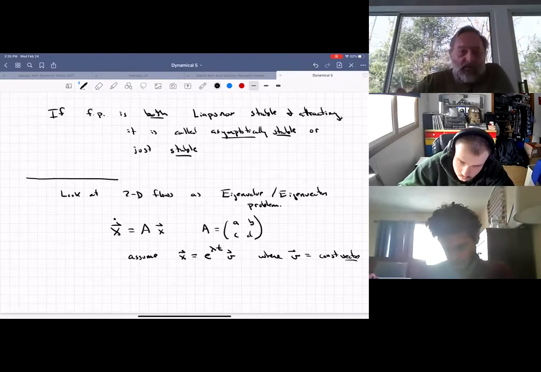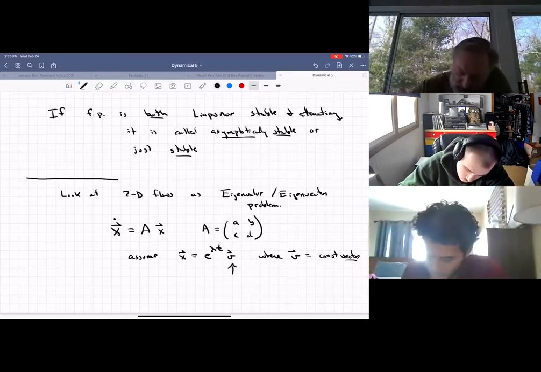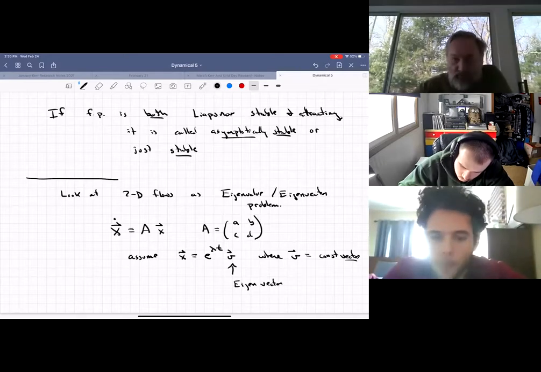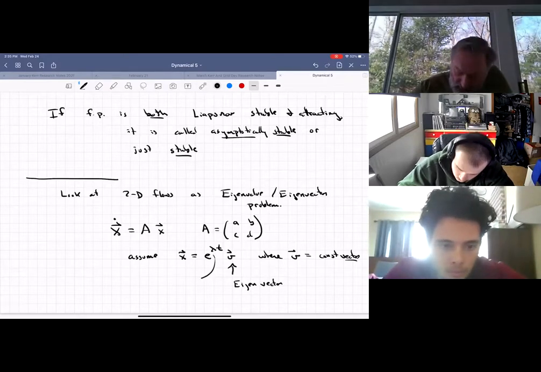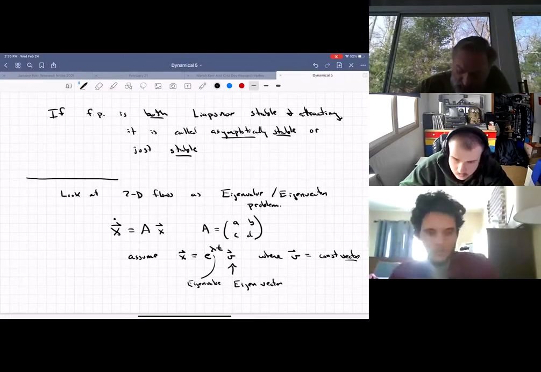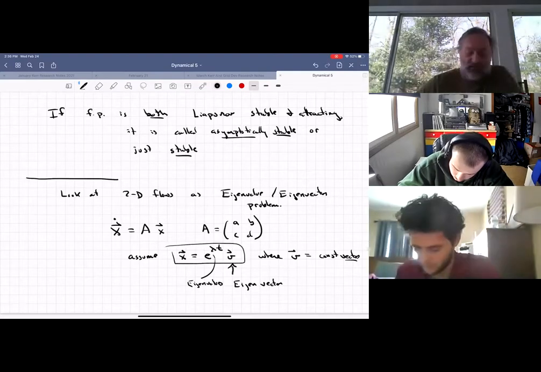So let's assume that there is an eigenvector, that there's some vector here, and it's going to turn out to be an eigenvector, and these lambdas are going to turn out to be the eigenvalues. Let me assume that this is a solution. Then let me see what happens if I make that assumption, right?